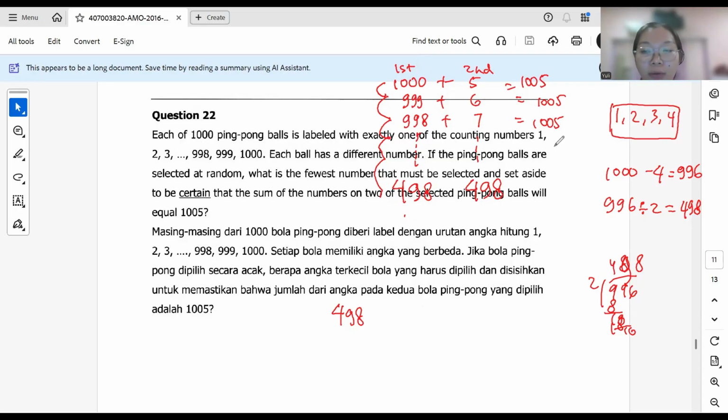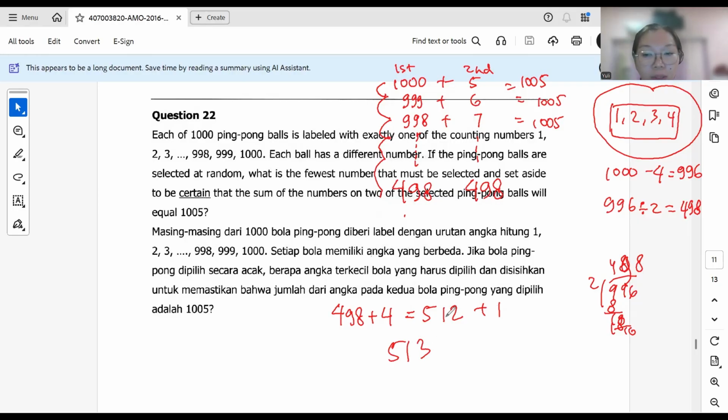Even if you take the balls and it contains 1, 2, 3, or 4, you still don't get the pairs. So this is 502, right? So that means once you take all worst case scenario ever, you take the wrong ball, and then the next one is going to have a pair. So adding 1, the answer is 503.